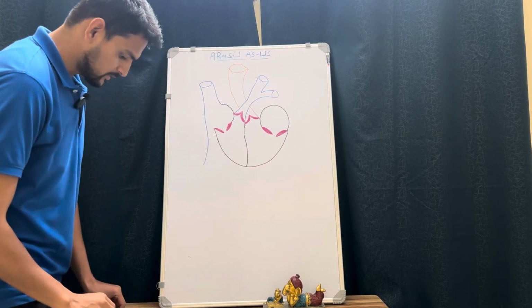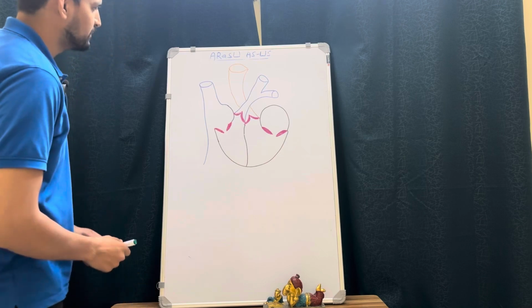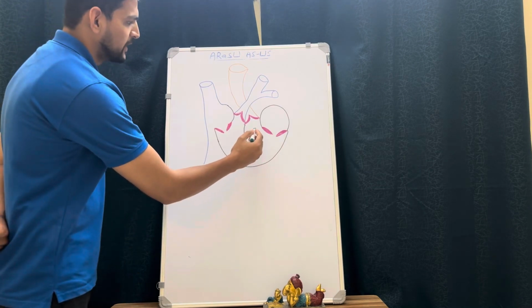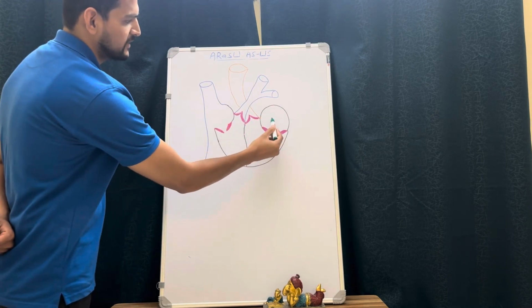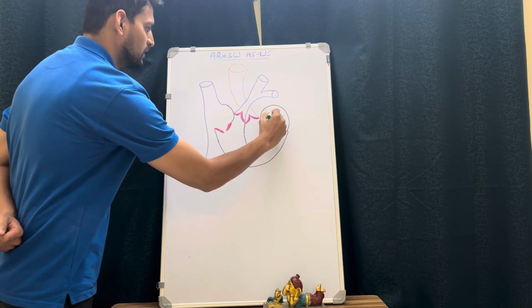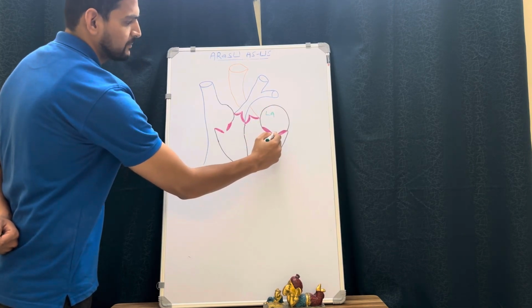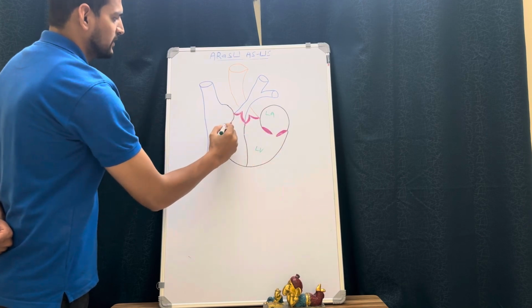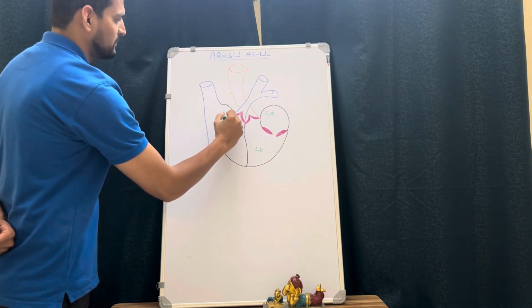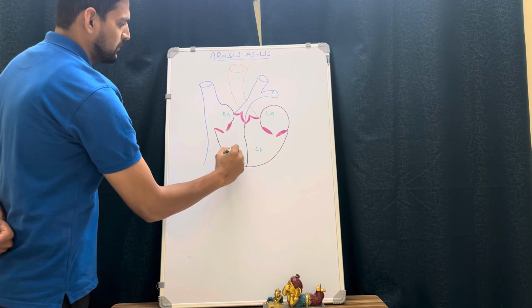So in this schematic diagram, to label the structures, this is left atrium, left ventricle, and we can consider the mitral valve here. Then this is right atrium and right ventricle.